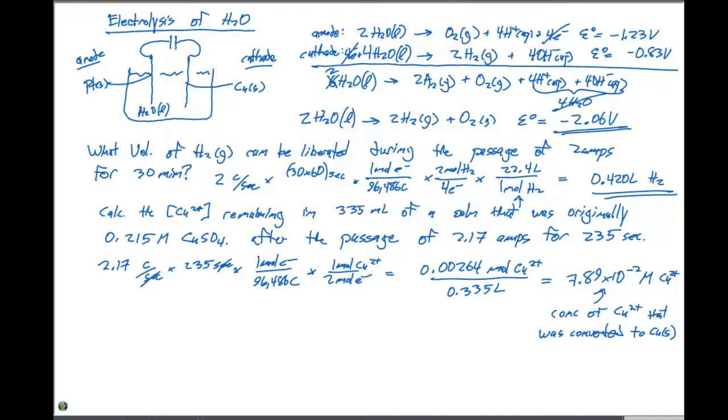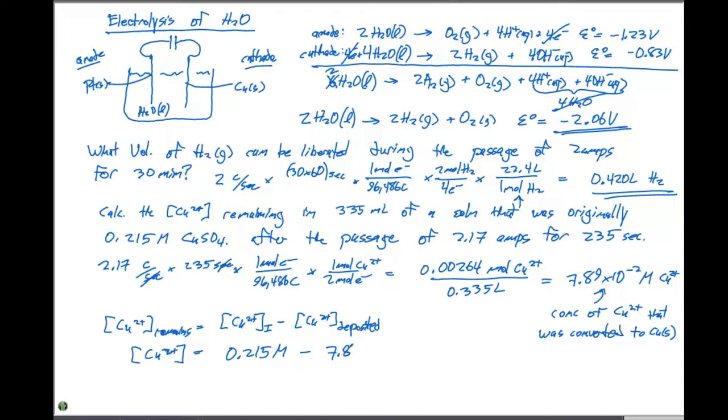So our copper 2 plus solution that remains is going to be equal to our copper 2 plus solution initially minus the copper 2 plus solution that was deposited. So the copper 2 plus solution that's going to remain is going to be equal to our initial concentration, which is 0.215 molar, minus 7.89 times 10 to the minus 3 molar.